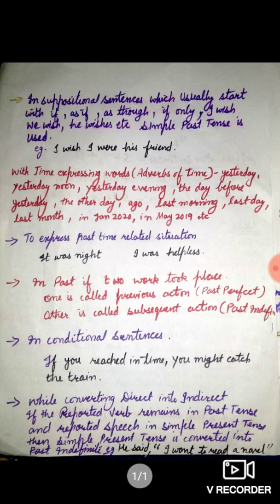The words are: yesterday, whether yesterday noon, yesterday morning, yesterday evening, afternoon; the day before yesterday; the other day; ago; last morning, last day, last month, last week; in January 2020, in May 2019. With these expressions also we make use of past indefinite tense.